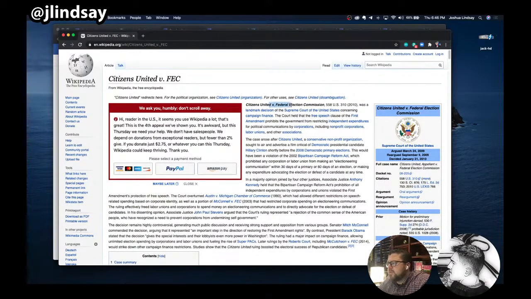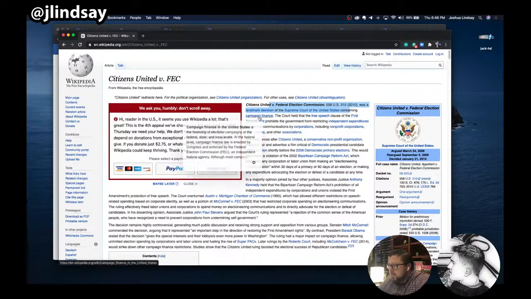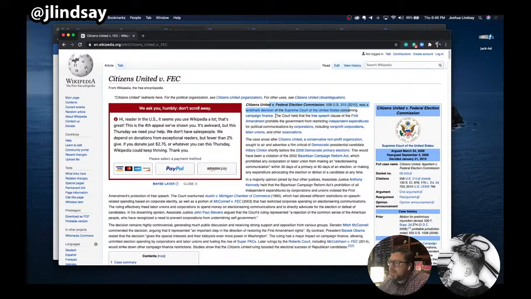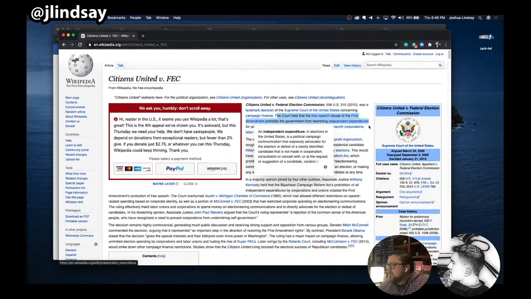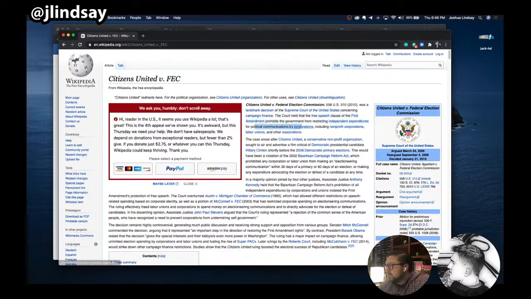Citizens United versus the Federal Election Commission was a landmark decision of the Supreme Court of the United States concerning campaign finance. The court held that the free speech clause of the First Amendment prohibits the government from restricting independent expenditures for political communications by corporations, including nonprofit corporations, labor unions, and associations.